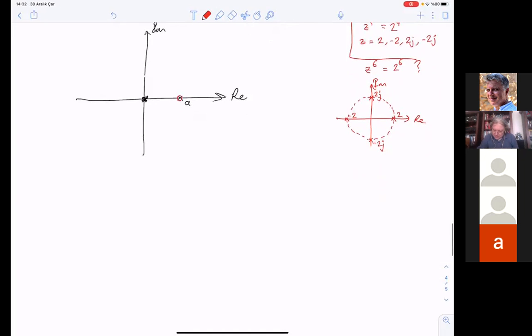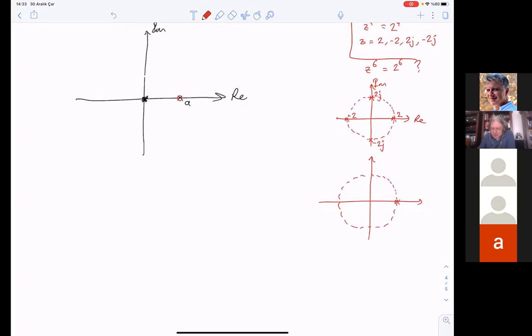For example, if the question was z to the 6 is equal to 2 to the 6, the answers would be, it may be difficult to express these numbers analytically, but graphically I can show what they are. Then I divide this 2 pi circle into 6 equal angles. One of them is itself, okay?